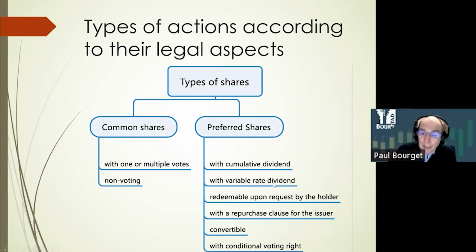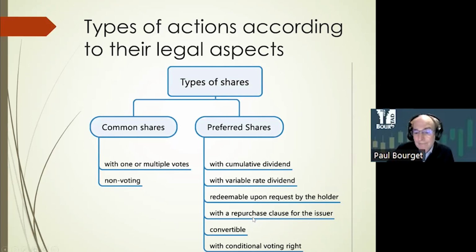The dividend can be a variable rate. Normally it's fixed on the preferred share, but you could find preferred shares with a variable rate dividend. The preferred share could be redeemable upon request by the holder, or they could come with a repurchase clause for the issuer, which could be exercised by the issuer.